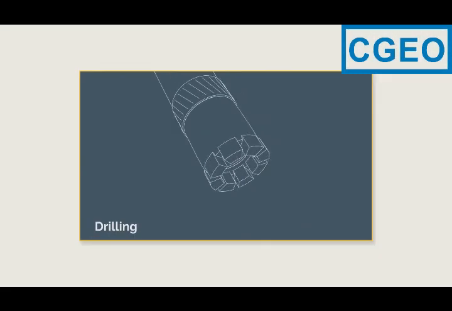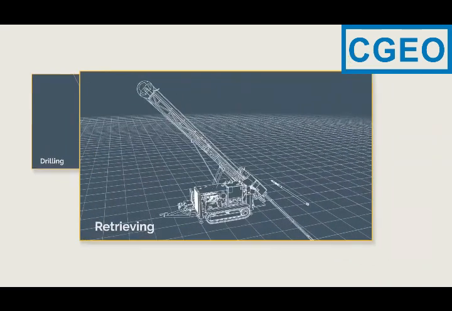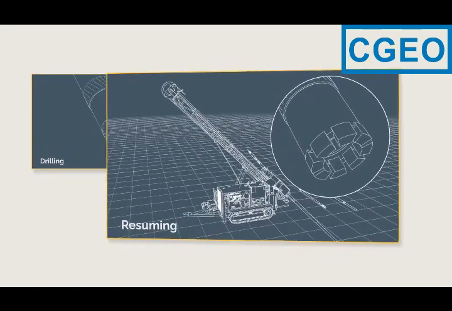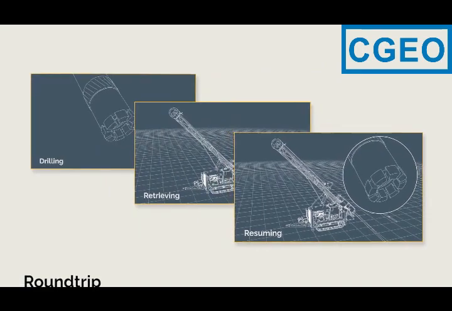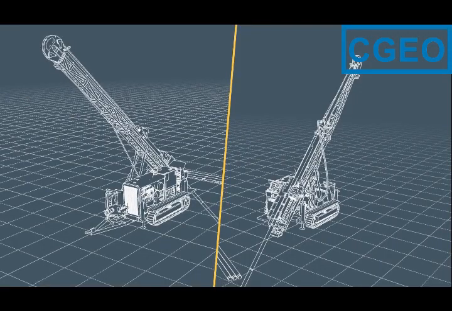The core drilling process includes 3 major operations: the actual drilling, the retrieving of the core sample, and resuming of the drilling. Together, this is called a round trip. There are 2 core drilling methods, conventional and wireline.